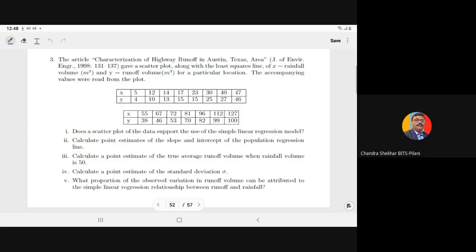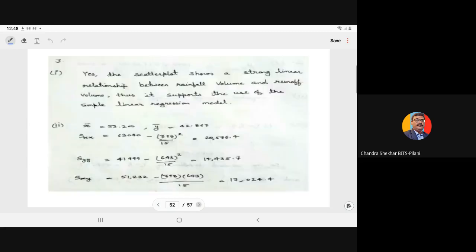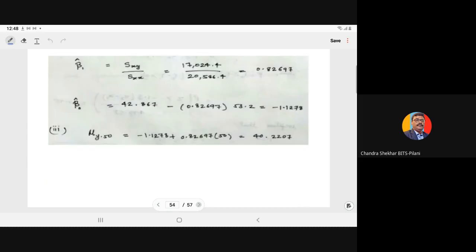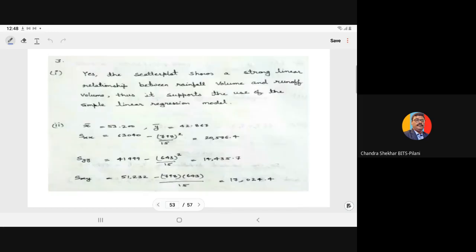Then in the second part, calculate the point estimate of the slope and intercept of the population regression line. Here we have to determine the regression line, and from that write what is the slope and what is the intercept. First we have to compute the deviation on x, deviation on y, and deviation on both.